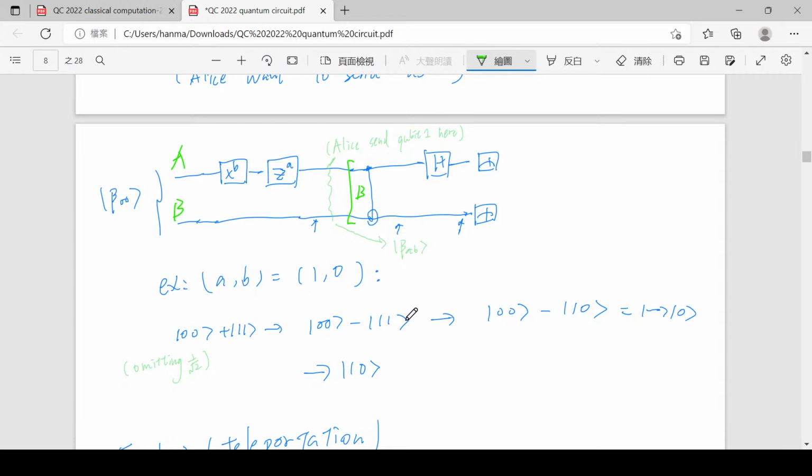Then Z on 1, 1. And well, Z on 1 gives you a minus 1, so this becomes minus 1, 1. And now you see the phasing doing something. So 0, 0 plus 1, 1 becomes 0, 0 minus 1, 1. So this is your beta 1, 0 here. Then we see how it gets reversed to your 1, 0.